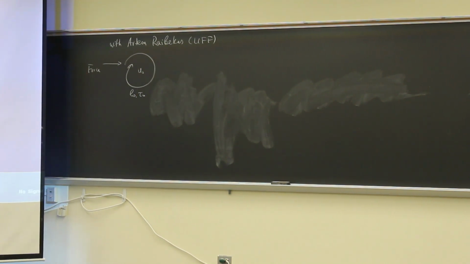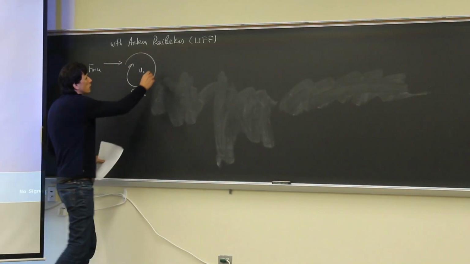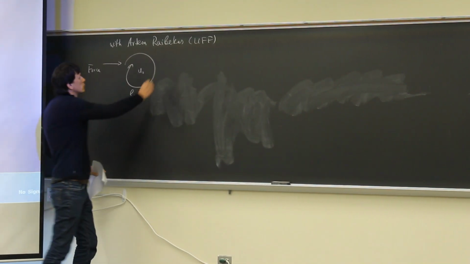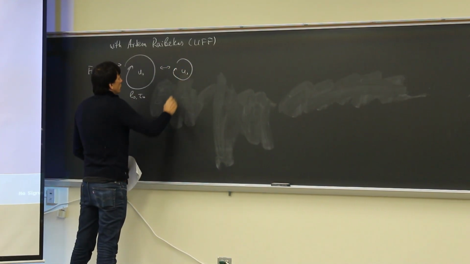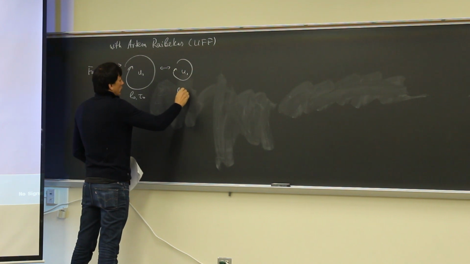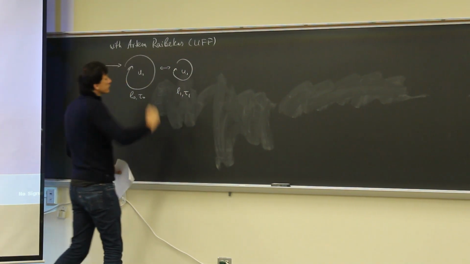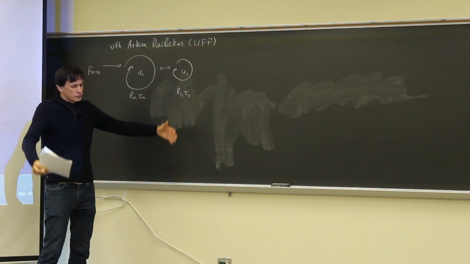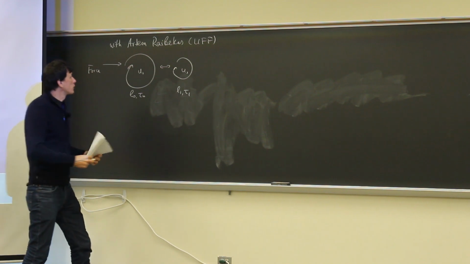It can be, for example, an angle. Then this vortex, through interaction, creates smaller vortices. We call it U1 at scale L1, time scale tau 1. L1 is the size, tau is a period, the turnover time.